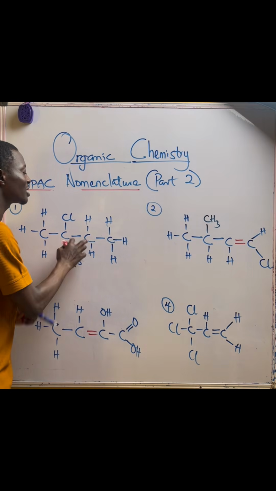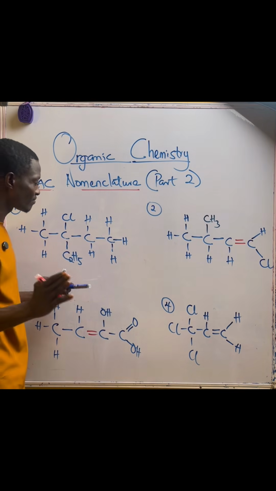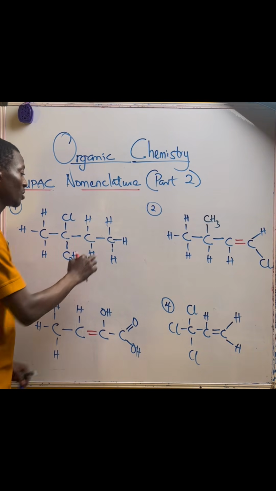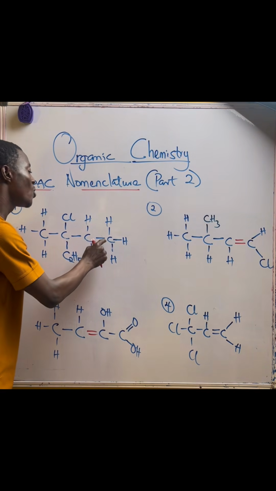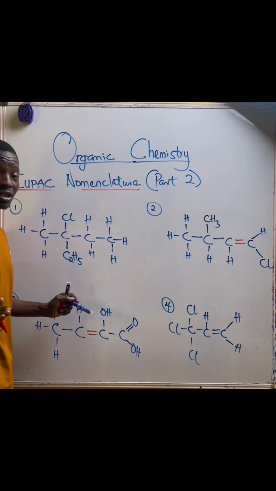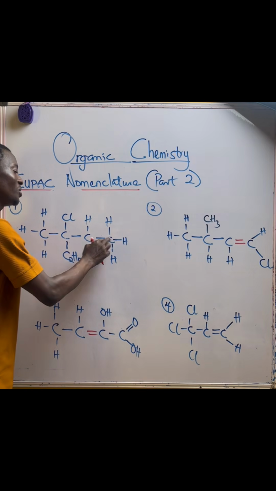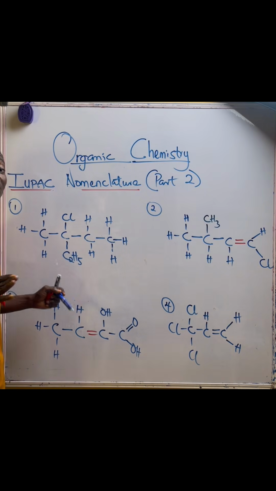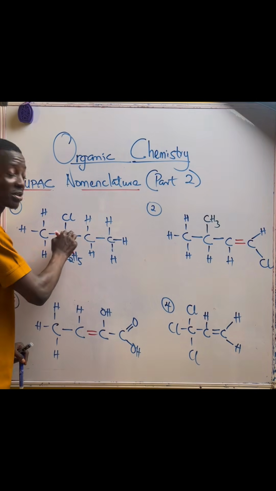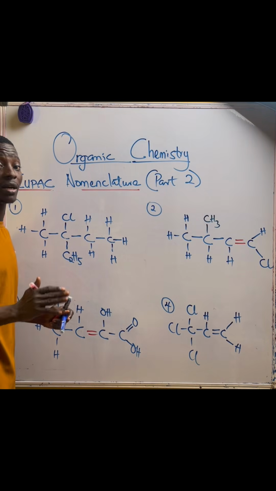Why? Because it's connected to two other carbons. It's as simple as that. So if I start with this, I'm going to have 1, 2, 3, 4, 5, provided I branched. If I go this way, 1, 2, 3, 4, which is a shorter chain. So I should follow this chain because it's the longest carbon chain at present.